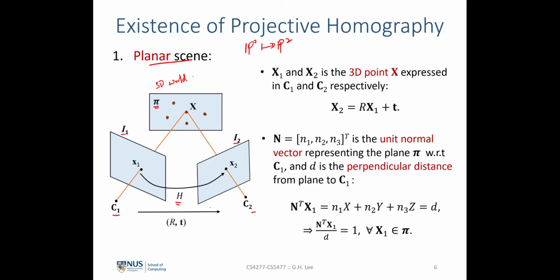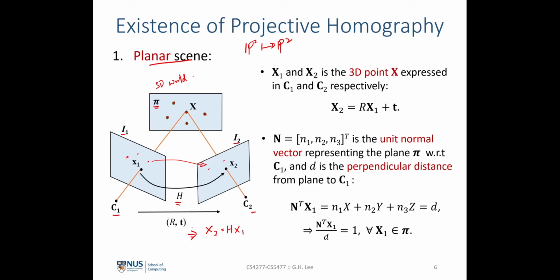So when the 3D points lie on a plane, then all their reprojections onto the images have a one-to-one correspondence that is directly related by H, which we can write as x2 equals H multiplied by x1. And this is the first case where the projective homography exists in relating the two sets of correspondences between two images. They must all lie on a plane in the real 3D world.